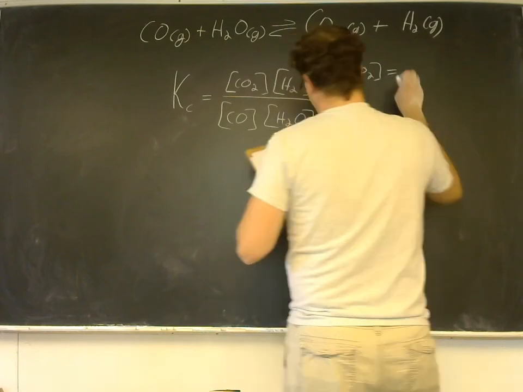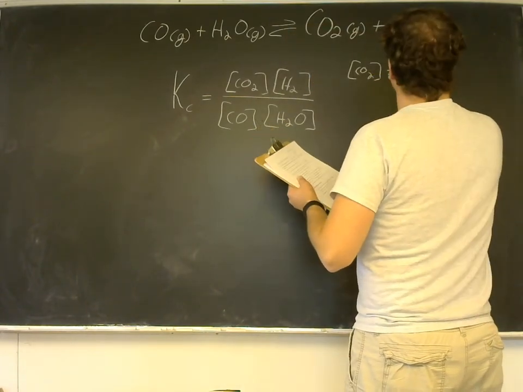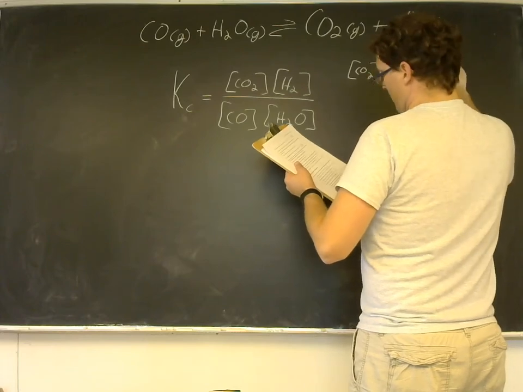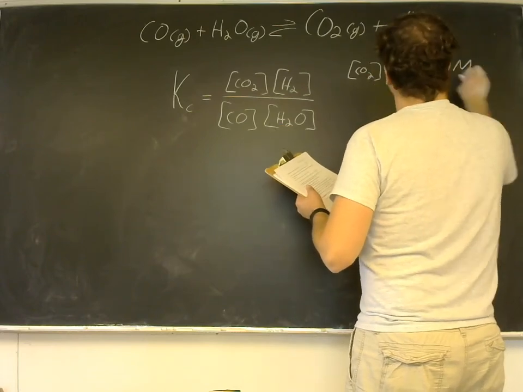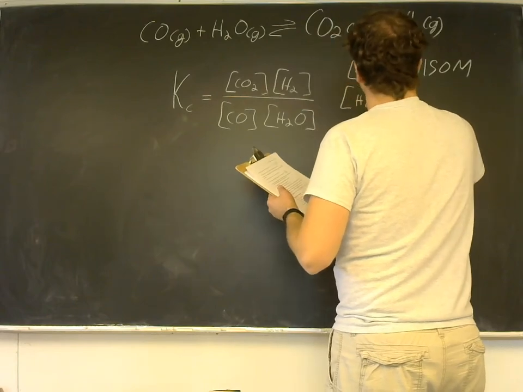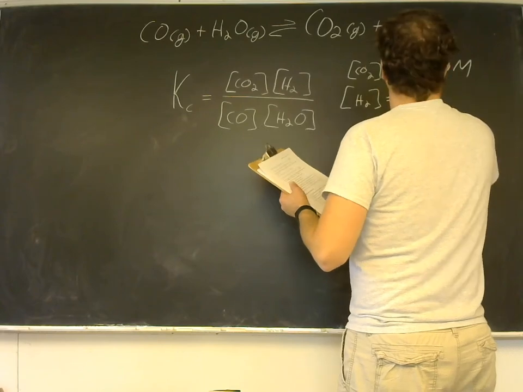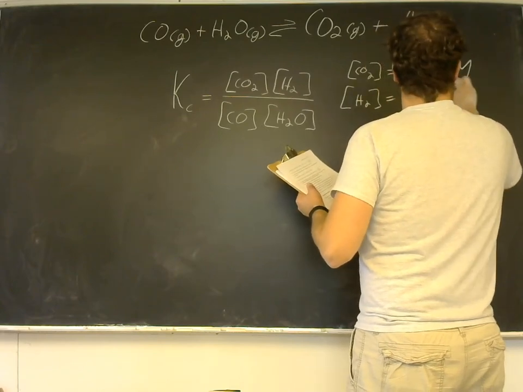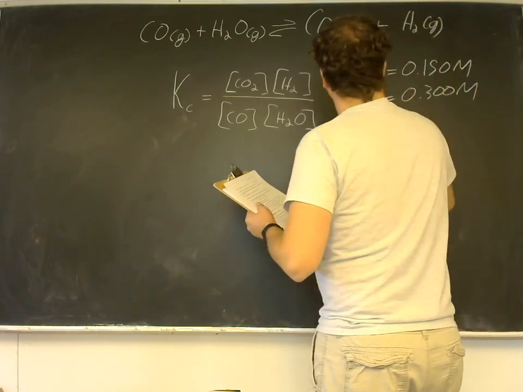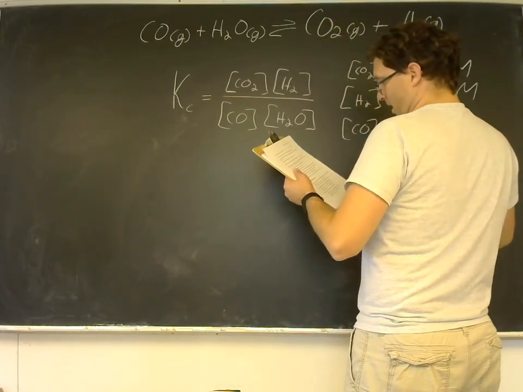You find the carbon dioxide concentration. Carbon dioxide is 0.150 molar. And you find that the hydrogen concentration is equal to 0.300 molar.